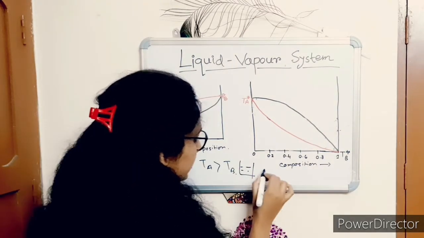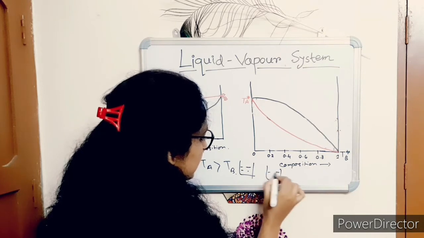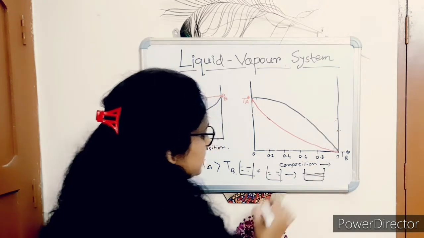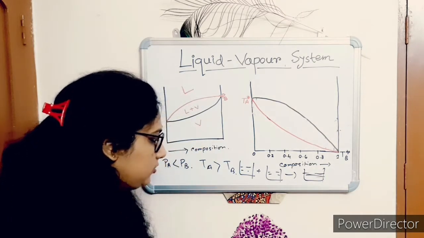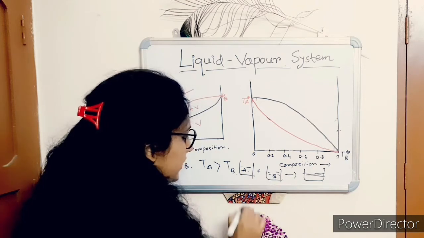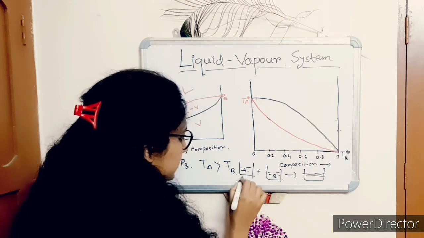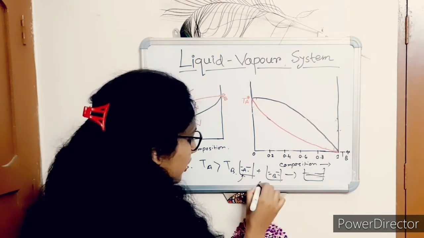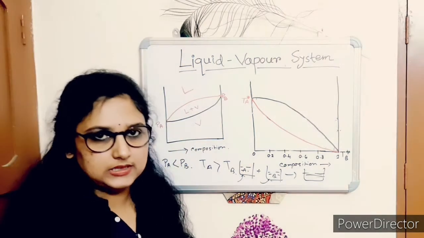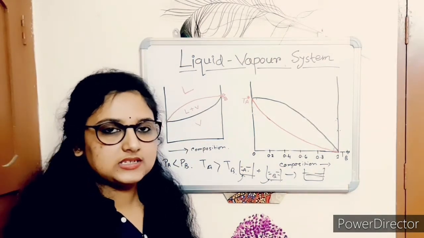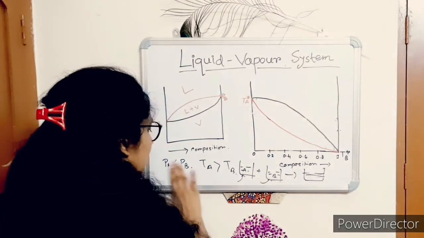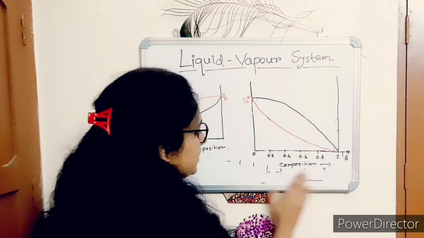A is a liquid and B is another liquid. When they are mixed together, they form a homogeneous solution. The boiling point of A in its pure state and the boiling point of B in its pure state are denoted by TA star and TB star. Here star means the pure state.